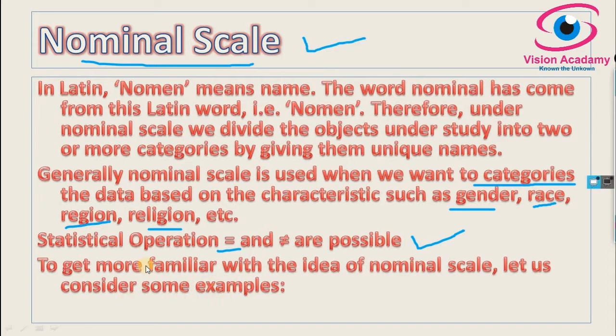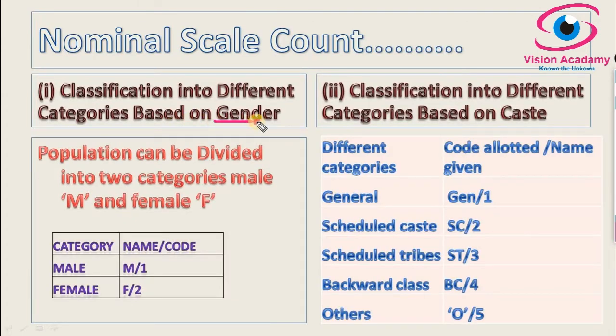To be more familiar, let us have some examples of the nominal scale. Consider gender. If you want to make a category based on gender, you need to divide the whole population into 2 categories, such as male and female. In the rarest case, you can also give others or transgender.